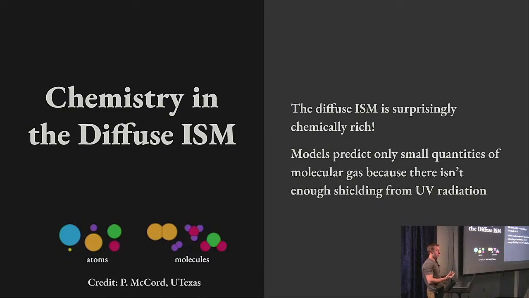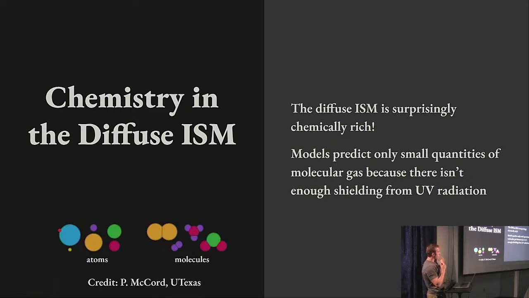Many models suggest that the ultraviolet radiation that permeates galaxies should actually destroy most of the molecules in the diffuse ISM. Remember, a molecule is just a collection of two or more atoms that are bound together. Now, ultraviolet radiation has this habit of breaking apart these bonds until you're left with just atoms.